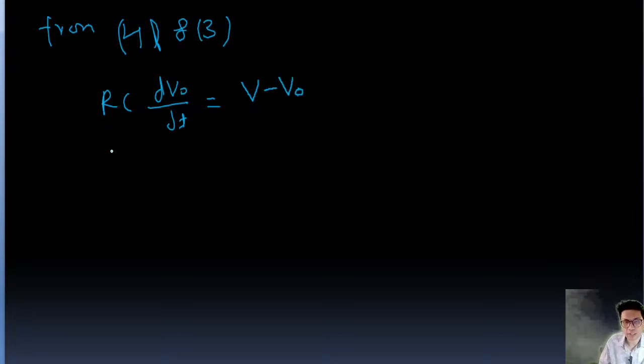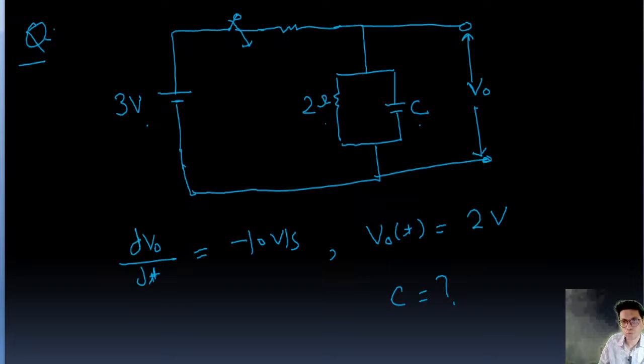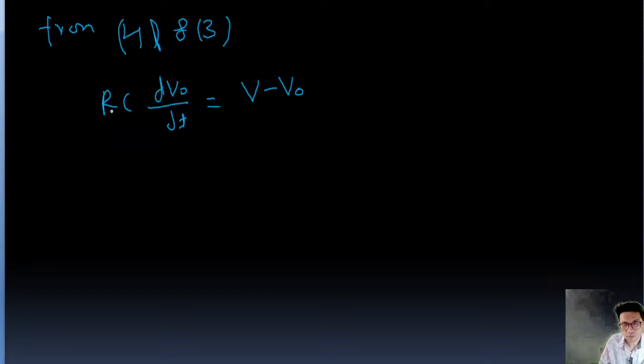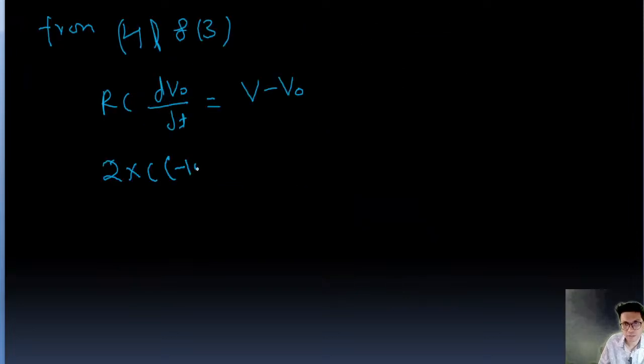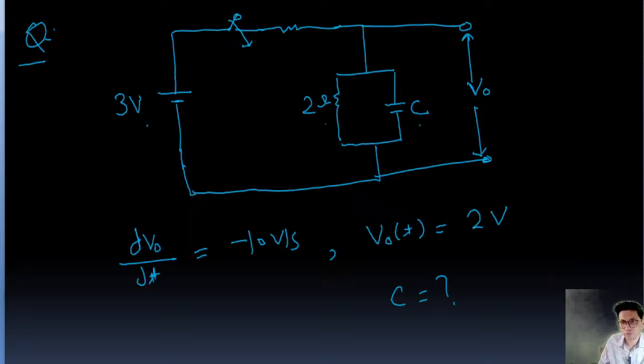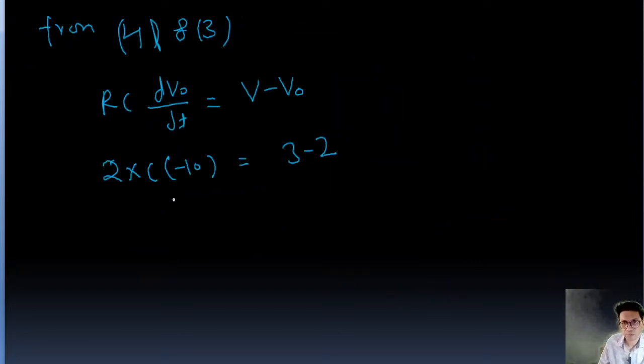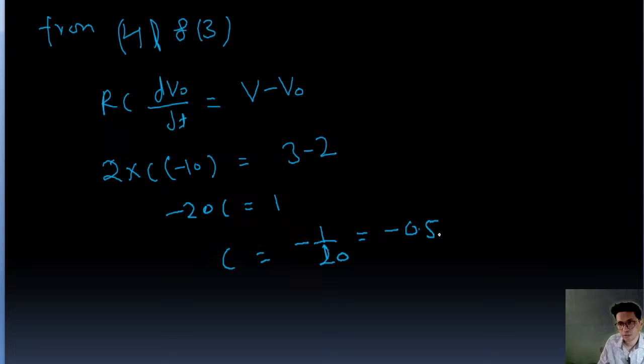Here the resistance is given as 2, and V is 3, so we need to find C. So R equal to 2, and dV naught upon dt is given as 10. So 10 into (V is 3, V naught is 2): minus 20C is going to be 1, or C is going to be minus 1 upon 20, equal to minus 0.5 microfarad.